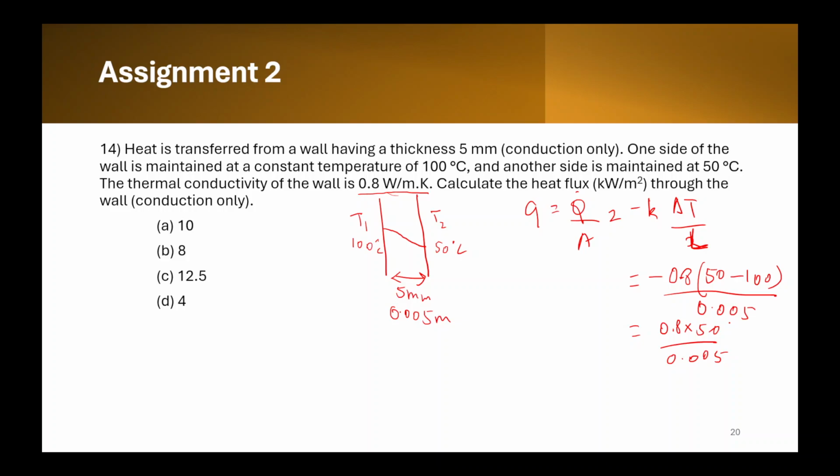So Q comes out to be 8,000 watt per meter square, or 8 kilowatt per meter square. So the correct answer here is 8 kilowatt per meter square.